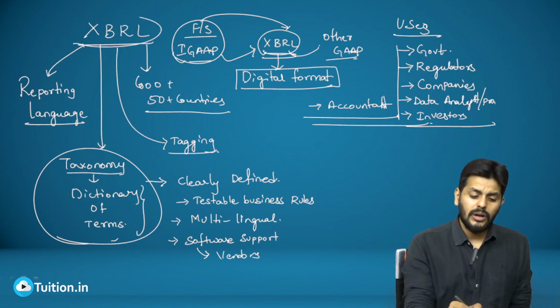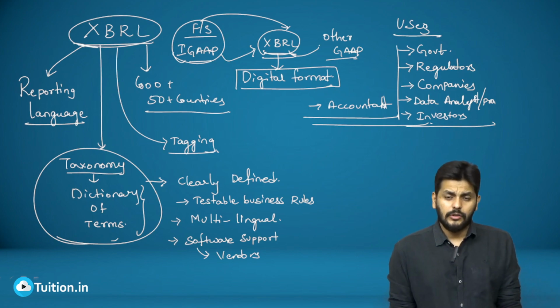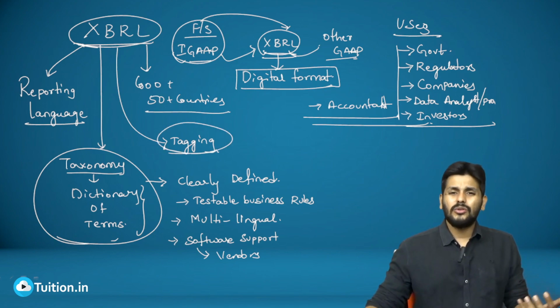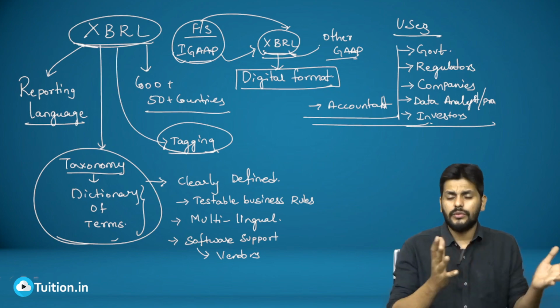I think if some of you have worked on it, if you're doing articleship and you've already worked on XBRL, you know what we're talking about. Tagging is the main aspect. So just go through the introduction of XBRL. What is it? Where did it originate from? What are those member nations who are following it?